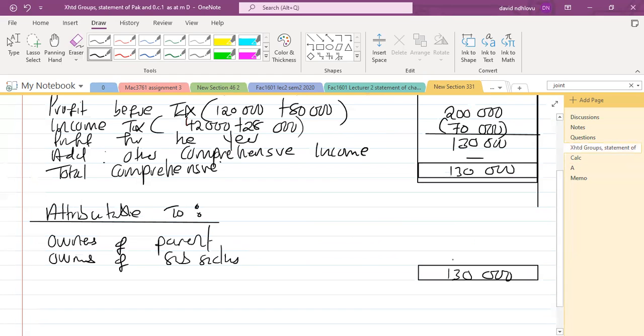So you allocate them 10,400, which means the remainder belongs to the owners of the parent. 130,000 minus 10,400, then you're going to have a figure of 119,600. So this is what we do in the statement of profit and loss and other comprehensive income.